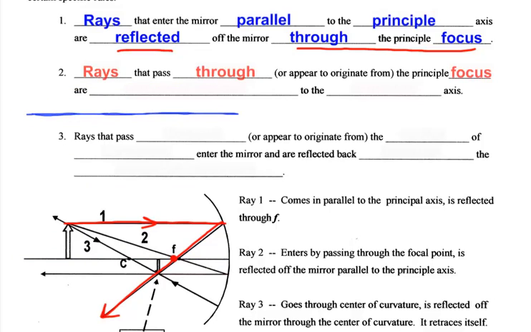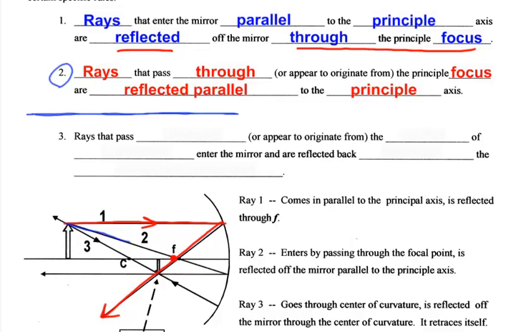The next one, rule number 2: rays that pass through or appear to originate from the principal focus are reflected parallel to the principal axis. I'll use blue this time. So that is line number 2. This light that's coming off the top of the object is what we're focused on.